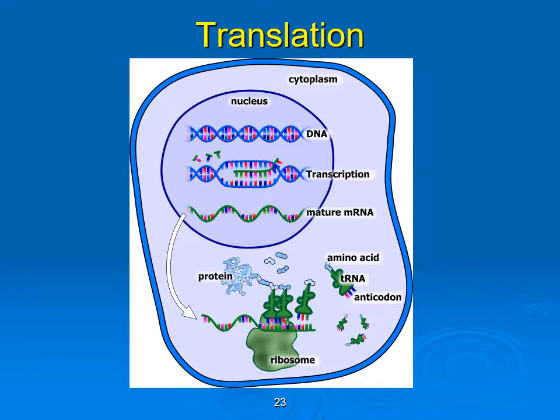Here's translation. You see the proteins being built on the ribosome, the A and the P site. The codon, the anticodon, the tRNA carries the amino acid on one side with the anticodon on the other. There are enzymes that find the tRNA and load them.